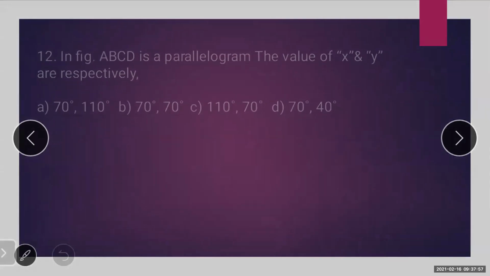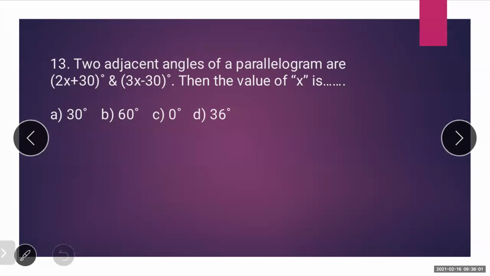Now the next. Two adjacent angles of a parallelogram are 2x plus 30 and 3x minus 30. Again, this is a similar type of question. Adjacent angles will form a supplementary angle. Then the value of x is dash.